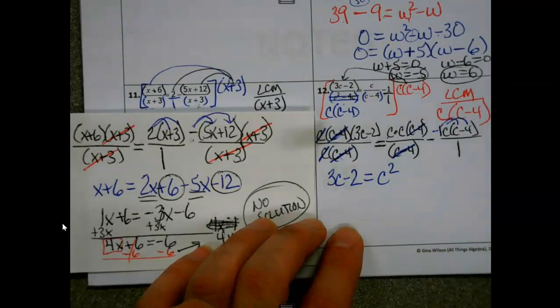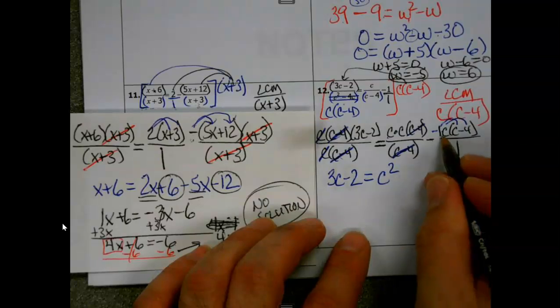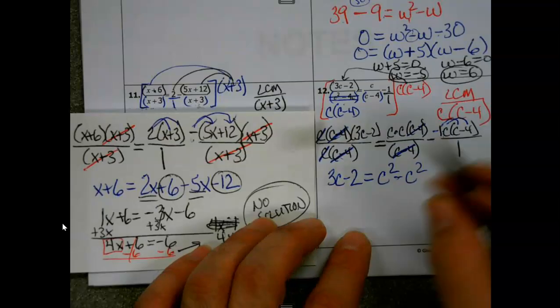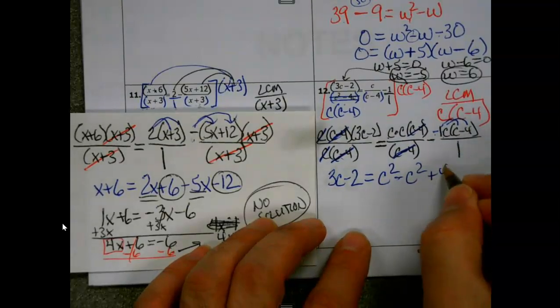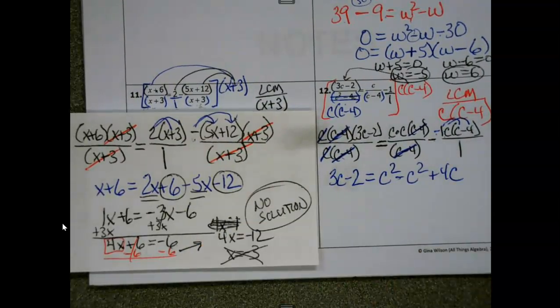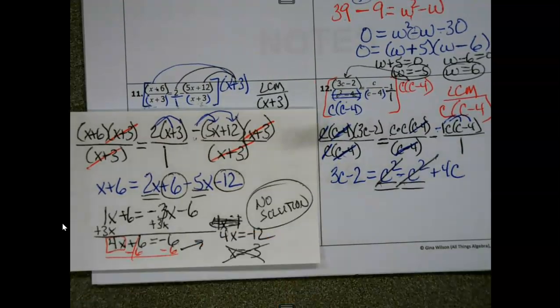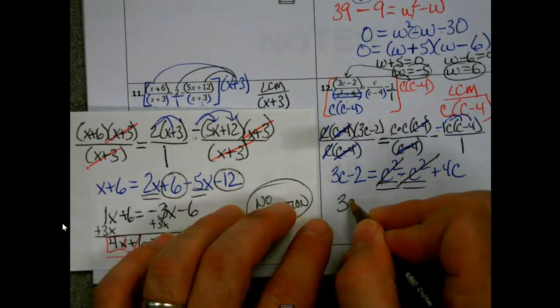That's got to be good news, though. Negative C times positive C is negative C squared. Negative 1 times negative 4 is positive 4C. Why is Hardy saying this is good news? Because C squared minus C squared cancels. There will be no factoring on this problem. Yay.